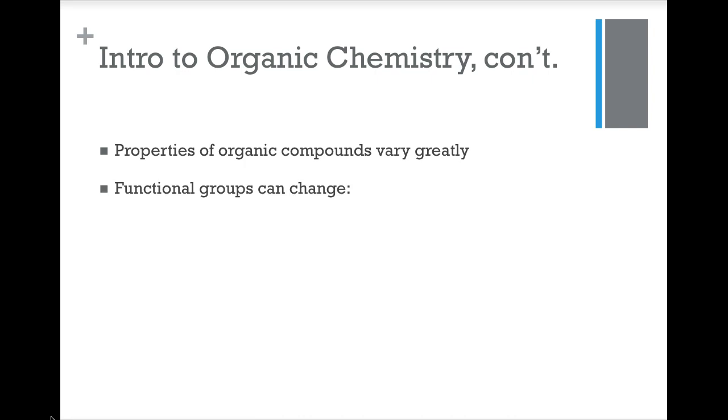To continue on with organic, we're going to learn as this whole unit continues that the properties of organic compounds vary greatly from one to another, and we can change the properties by adding something called a functional group. So usually it involves removing a hydrogen and adding something like an oxygen or a group of atoms like carbon, oxygen, and hydrogen, or nitrogen, and in doing so, that will change the properties of the compound.